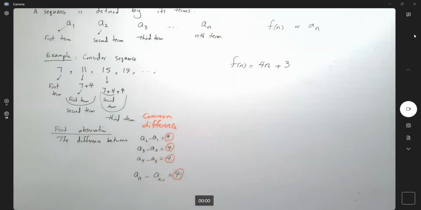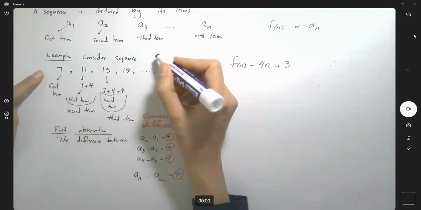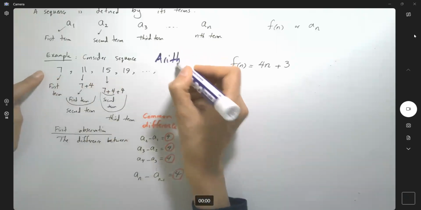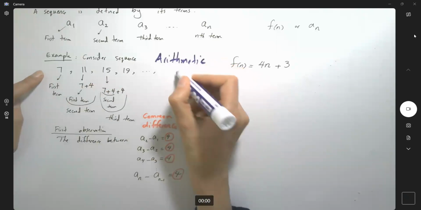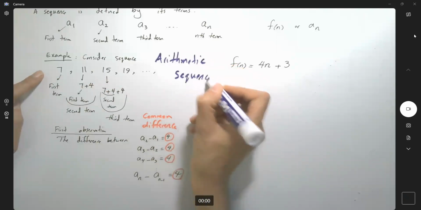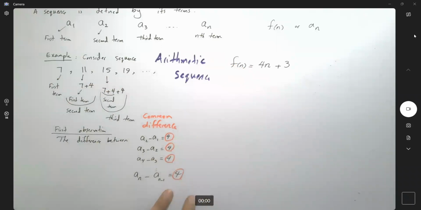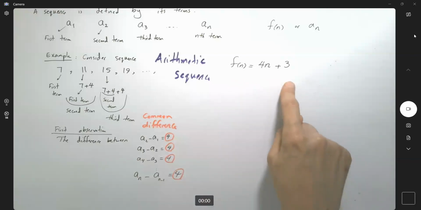So this guy is called an arithmetic sequence. Why? Because of the common difference. If you find the difference between consecutive terms, it is going to be 4. Very good. So how did I get this?